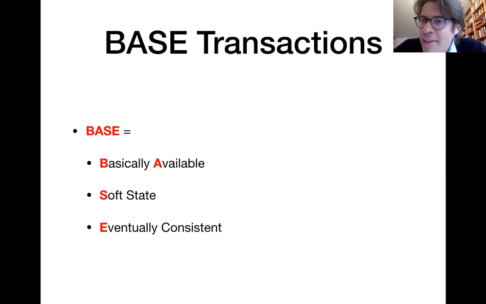Soft state means that you don't necessarily require your data at different sites to be consistent at all times, and eventually consistent means that eventually you will converge back into a consistent state. So this is kind of the complement of ACID transactions in a way. And this is what those NoSQL systems that we will be discussing are aiming for.